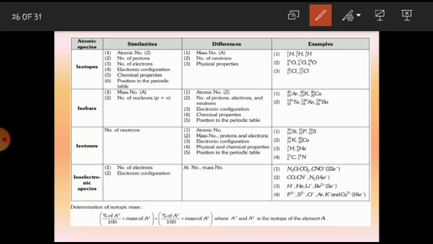Isobar, if the species having the same mass number but different atomic number, is called isobars. Isotones, if the number of neutrons are same but different atomic number and mass number, then it is called isotones. And the last one, isoelectronic species, if the number of electrons are same and the atomic number and the mass number is different, then it is called isoelectronic species.